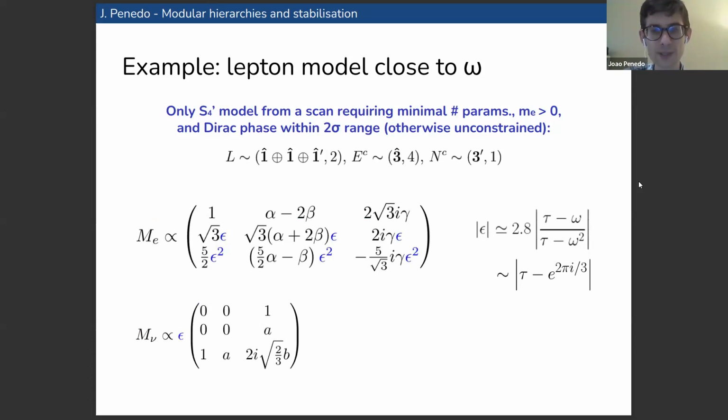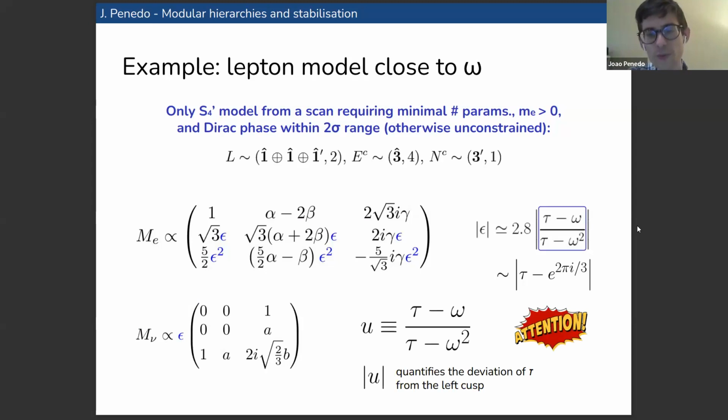And this epsilon, when you are close to omega, you can basically write it as proportional to this difference, tau minus omega, which is your deviation. Now, I'm just writing it here in this expression to point out something, because this parameter u is also another way of quantifying the deviation of tau from these symmetric points, the cusp, and it will be useful in the last part of this talk.